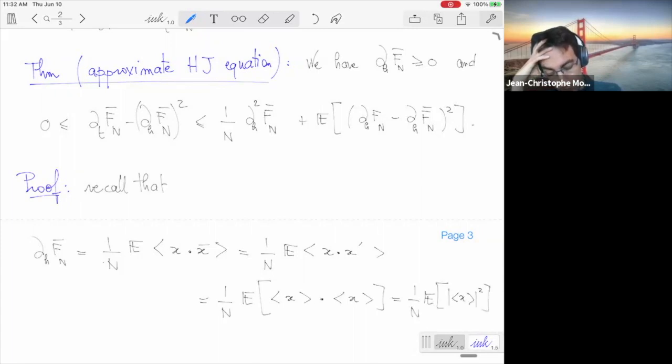So it's a square, so it's clearly non-negative. Okay, so that proves the non-negative part. And now for the approximate Hamilton-Jacobi equation.